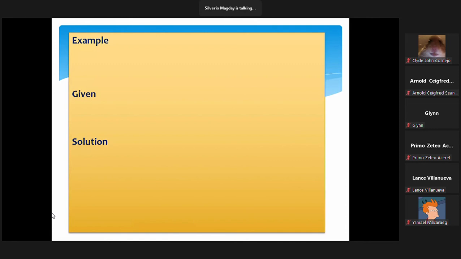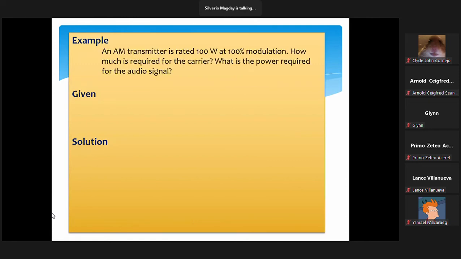Okay, another example problem. So an AM transmitter is rated 100 watts at 100% modulation. How much power is required for the carrier? What is the power required for the audio signal? So meron tayong modulation index, percent modulation at 100, and then your total power transmitter is rated 100 watts.